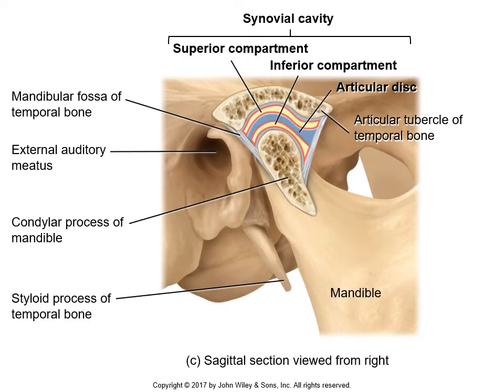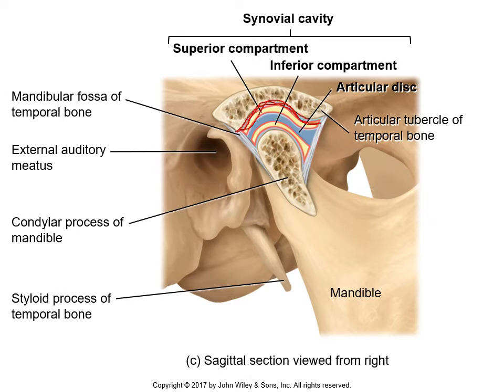Just like we saw in the finger joint from 40 minutes ago, being a synovial joint, the temporomandibular joint has a synovial cavity. This bony structure here, if you'll recall, is the mandibular fossa.